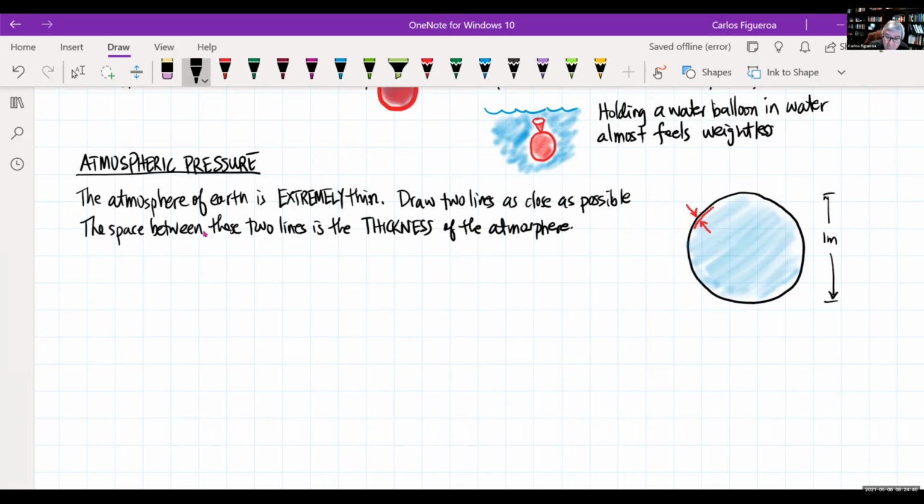So to give you some numbers so you can get a sense of this, here we go. The radius of the Earth is about 4,000 miles. So if I go from the center of the Earth all the way to right there, that's the radius.